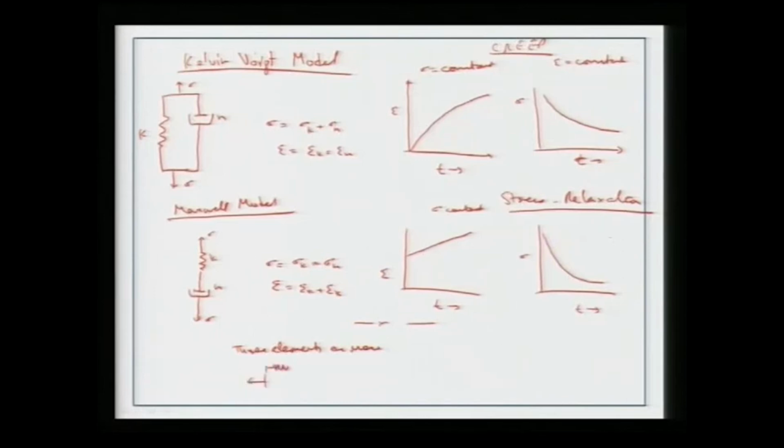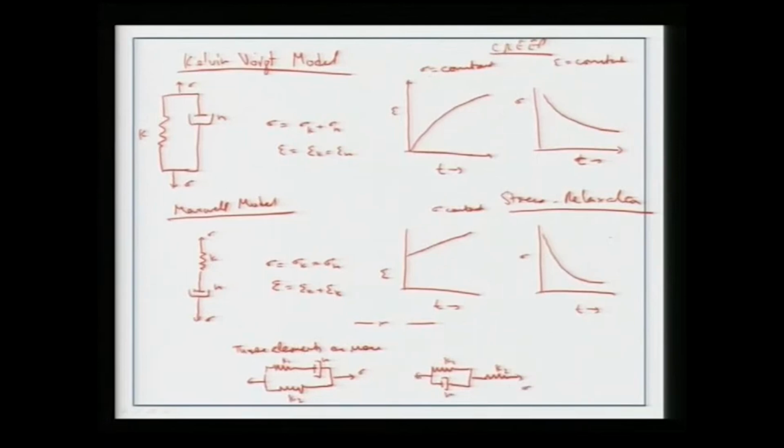Again we can have a construct of something like this. We can have the resistance and capacitance, and then resistance in parallel, so a series of K1, K2 and N, and then we are applying stress. Or we can have this particular construct, and then again resistance in series to apply the stress.